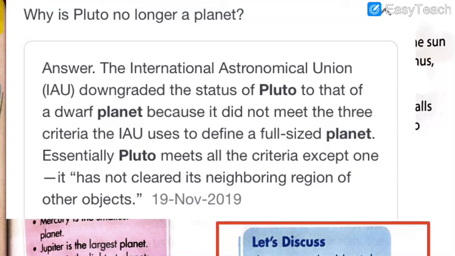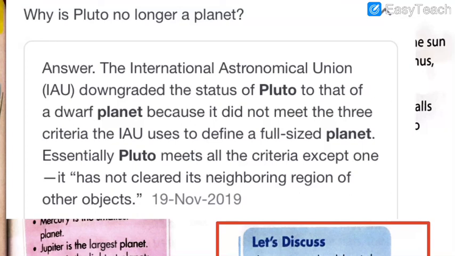There are 3 criteria to declare that this is a planet. Essentially, Pluto meets all the criteria except one. It has not cleared its neighboring region of other objects. This is the only reason why Pluto was removed and is now no more considered a planet.